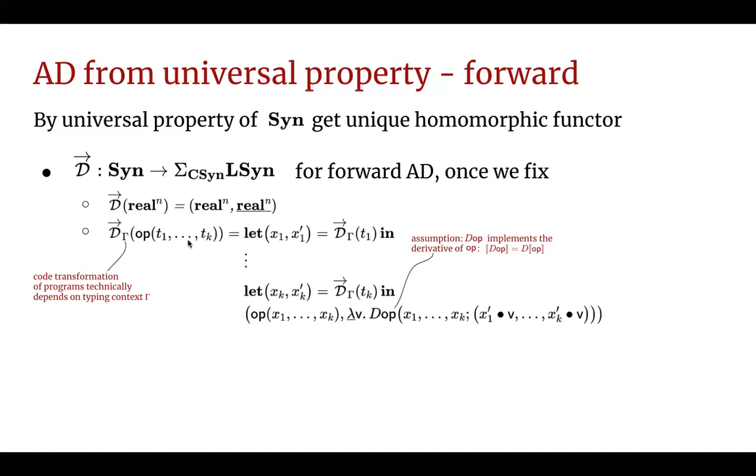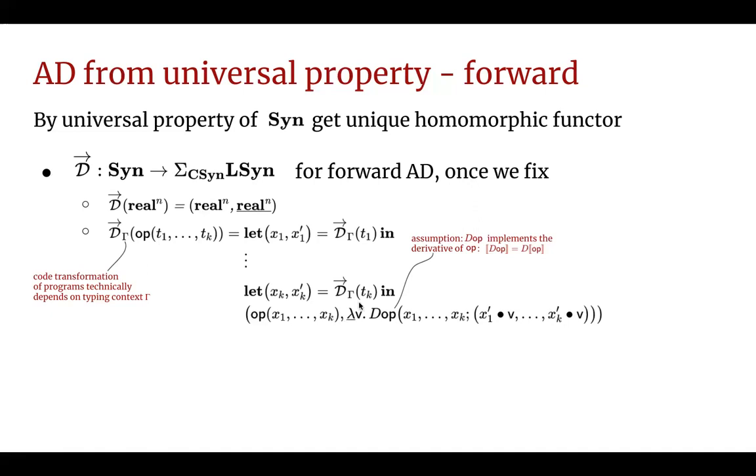And what do we do with operations? Well, basic operations, we want to use this sort of formula where we say, well, first differentiate the arguments and then apply the operation to the primals and apply some derivative of the operation to the tangents. So what we're assuming is that we need to have a term in our language or a program in our language that correctly implements the derivative of each primitive operation.